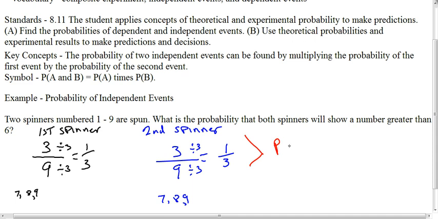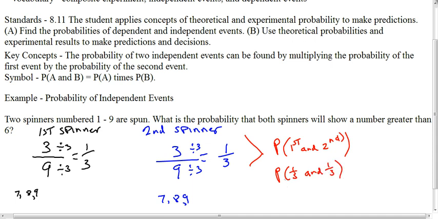We're talking about the probability of the first spinner. Actually, I'm supposed to say a number greater than 6 and a number greater than 6. That would be the correct thing to do, but I'm going for time and space. And the second, we're looking for a number greater than 6. So we see that we have the probability of 1/3 and again 1/3.